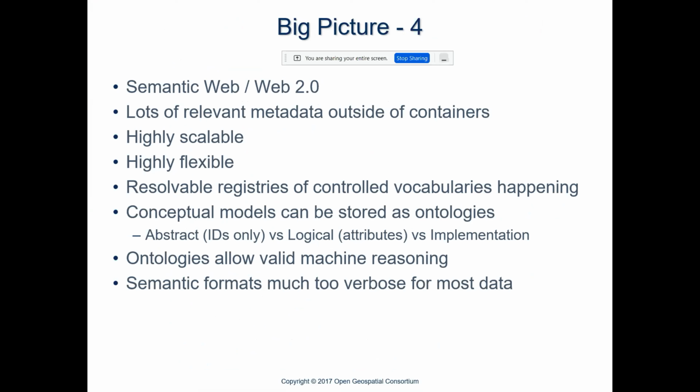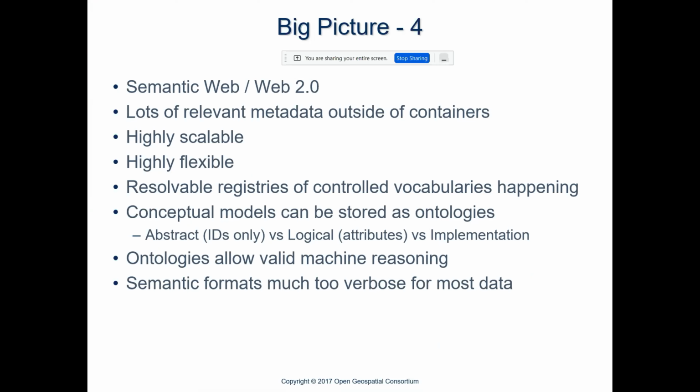There's some clear guidance I got from Rob Atkinson. He said the abstract conceptual model is all you're interested in is the concepts and their identifiers. There are no other attributes other than identifiers. And as soon as you start talking about attributes or properties of things in a model, that's a logical model. And then the next level down is the implementation model.